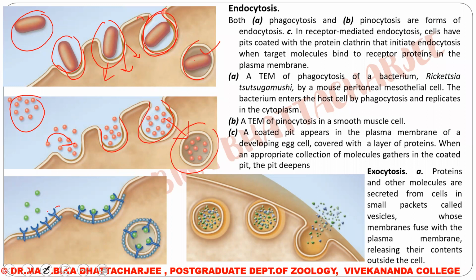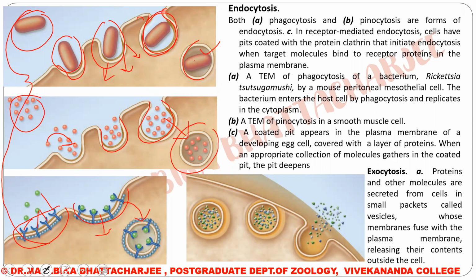So you can see these are receptors which have clustered in the plasma membrane. These molecules now bind to these receptors. So this area is pinching in, and finally this buds inward into the cytoplasm. So all these three categories which we discussed just now are endocytosis.